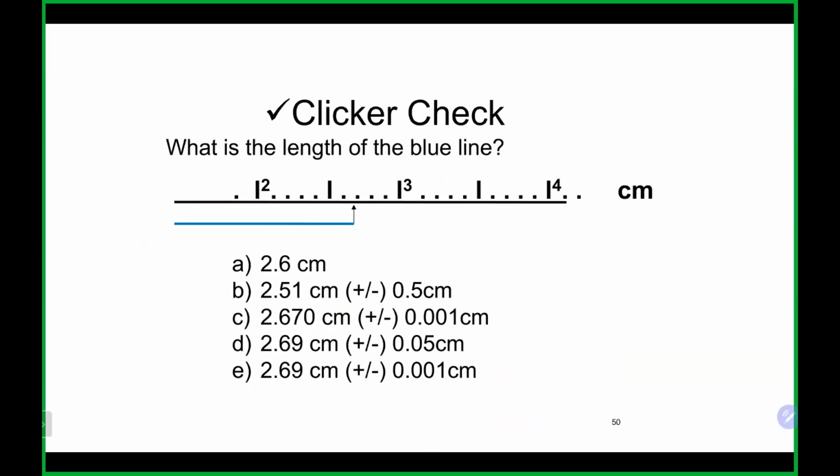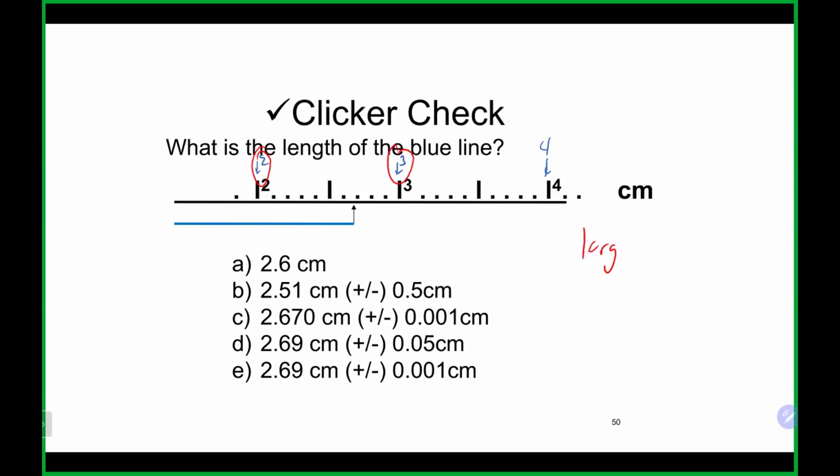All right, so let's do some readings here. Give us the proper reading here. For the blue line, obviously the numbers go with the bigger line. So that's a 2, that's a 3, and that's a 4 there, right? Okay, so again, we're going to look at our large markings. So 2 is there and 3 is there.